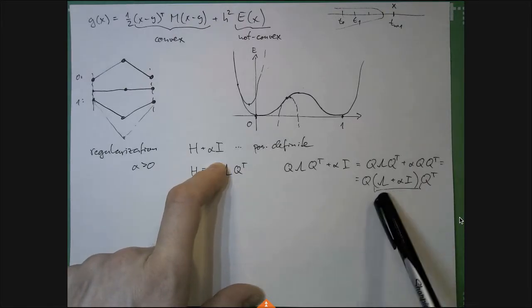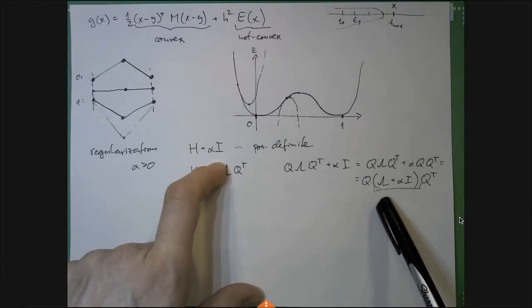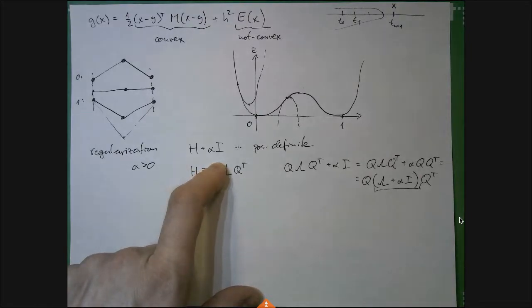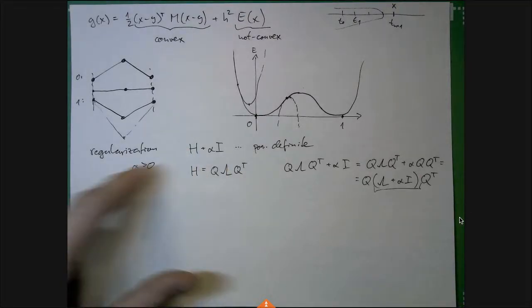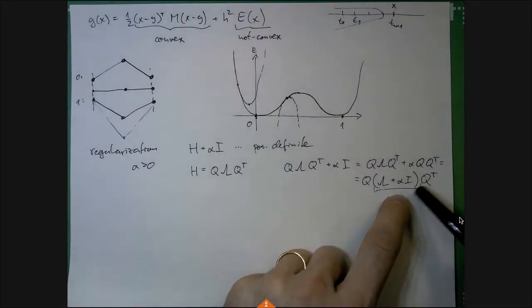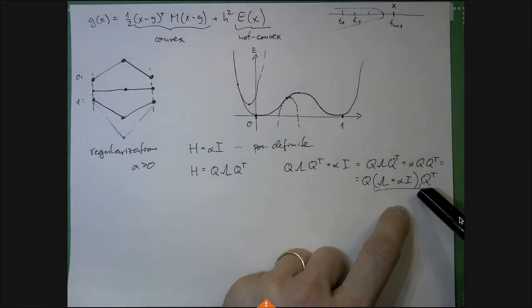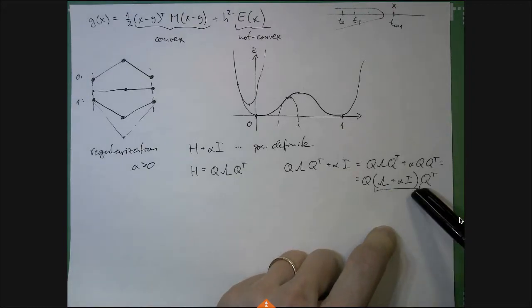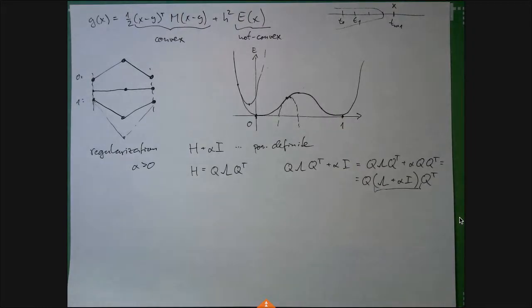This lambda is a diagonal matrix of eigenvalues. The problem is that some of the eigenvalues might be negative. That's why the matrix H was indefinite. If all the eigenvalues were already positive, we wouldn't be doing this. Everything would already be cool, right? And here I just picked alpha big enough to make this diagonal matrix positive. That's all.